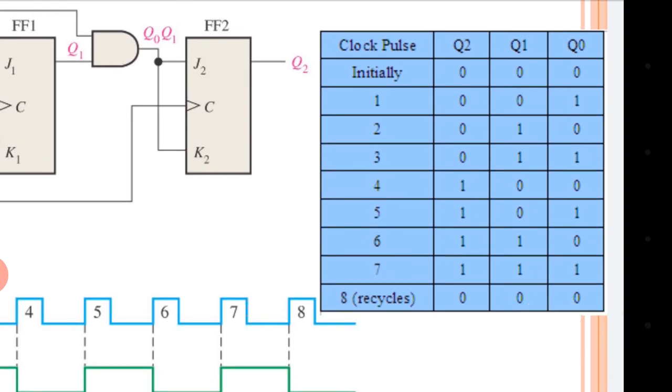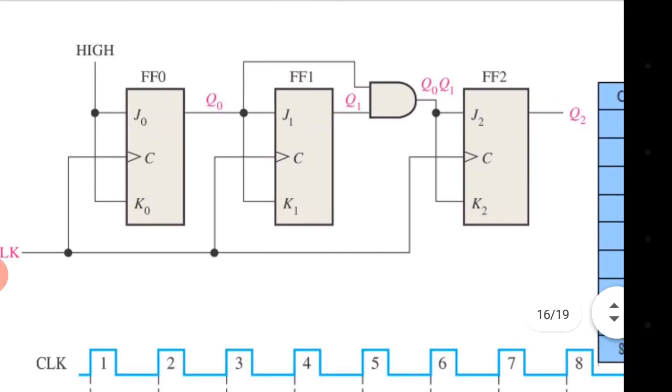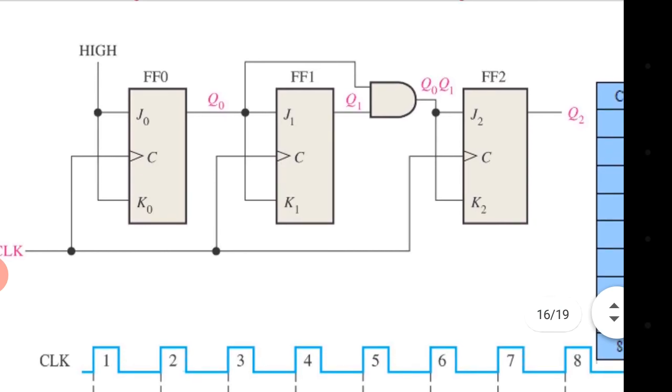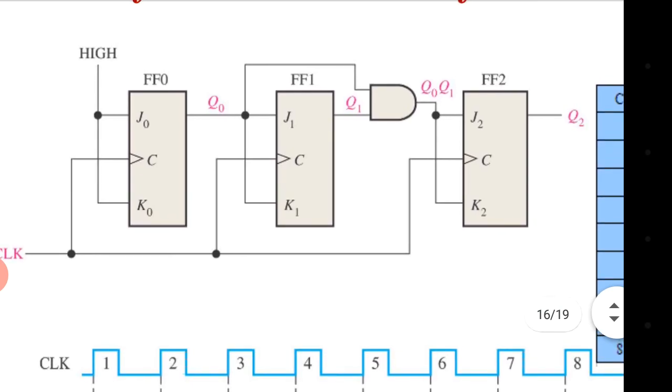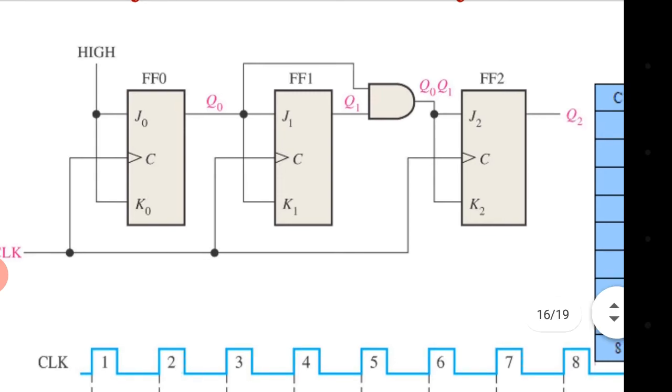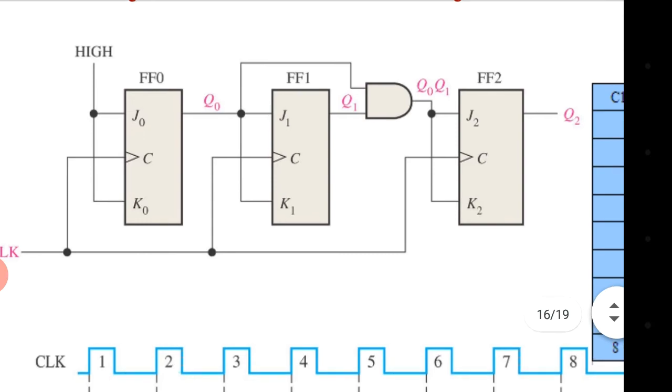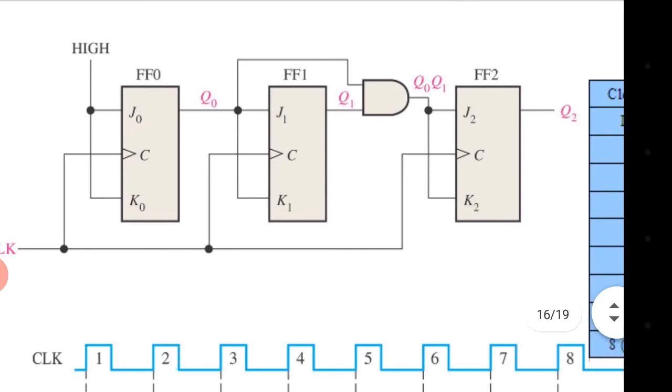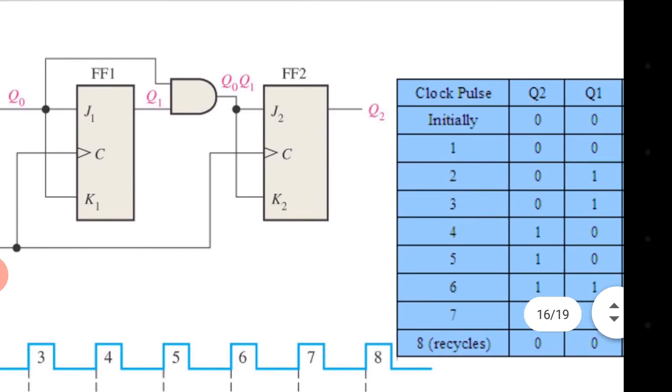Here, as we know, it is a 3-bit up counter, so it is going to count from 0 to 7. So observe the column of Q0 first. It is going to toggle again and again, and that's why in the diagram, both J0 and K0 are connected to 1, so obviously Q0 will toggle again and again. When will Q1 toggle? Q1 will toggle whenever there is a rising edge of the clock and Q0 is 1.